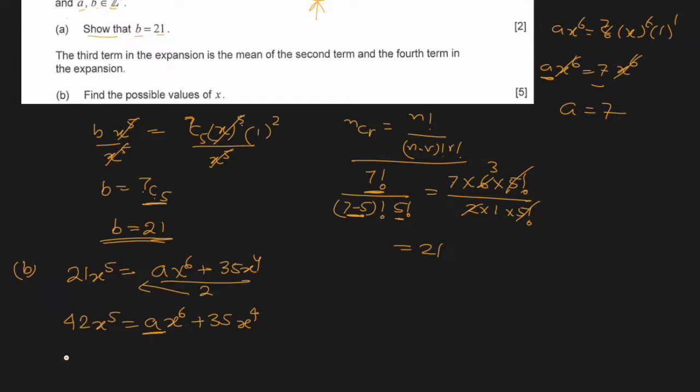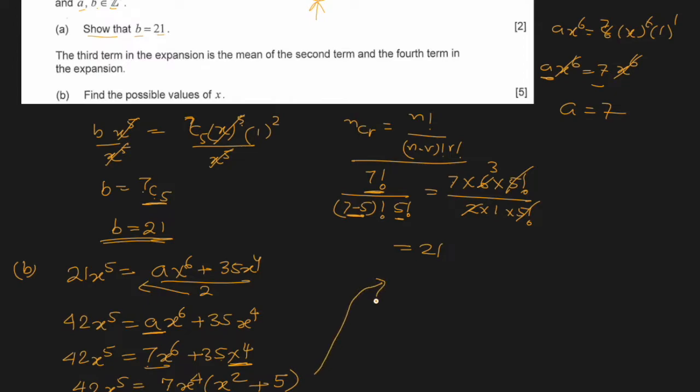So now this becomes 42 x to the power 5 equal to 7 x to the power 6 plus 35 x to the power 4. In these two terms 7 is common, so let's put 7, and x to the power 4 is also common, so we can write x to the power 4, and what is left inside? x squared, because 7 is already out, 4 out of 6 are out, so we are left with 2, plus out of 35 7 is out, so we are left with 5 only. x to the power 4 is already out, so no need.